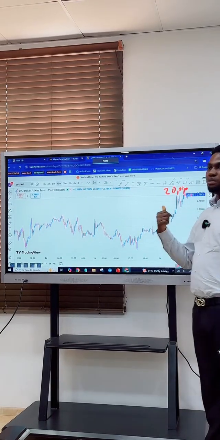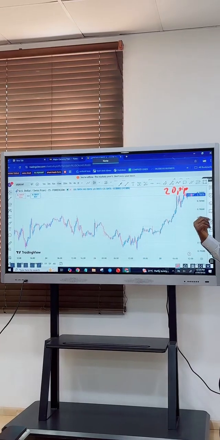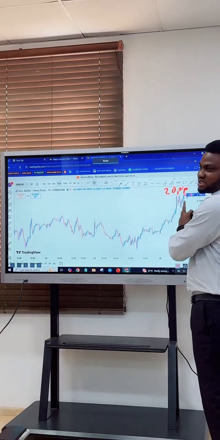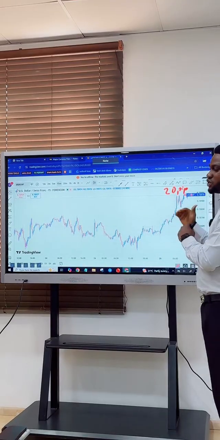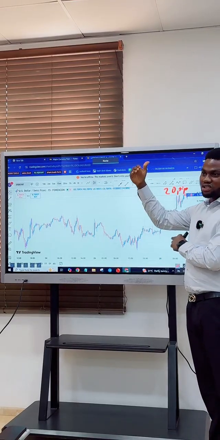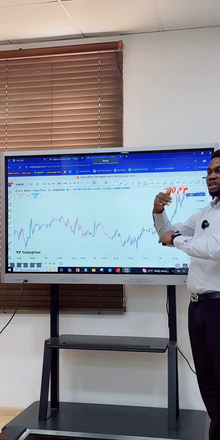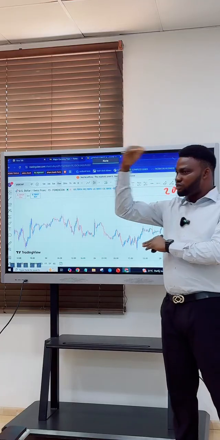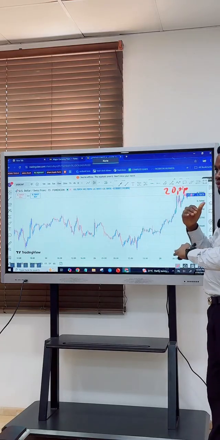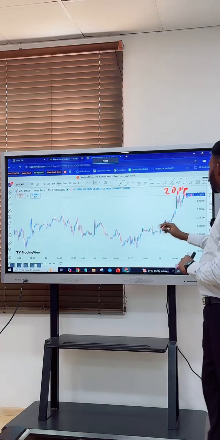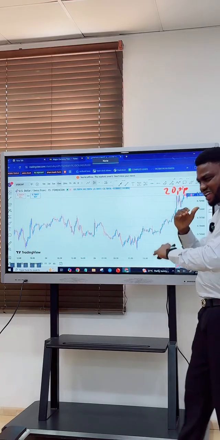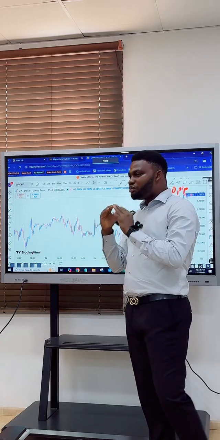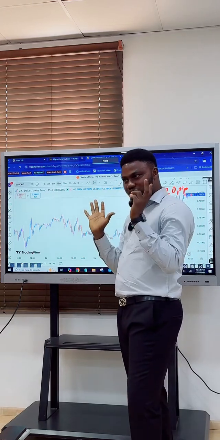So if I want to buy, based on my analysis, I believe it will still go up to a particular point. Even if it's not going to come down, I believe it will at least get to this point. So where I am now to where it's going to get to, the distance is 20 pips. So if I enter that trade, the pips that I want to secure is 20 pips.